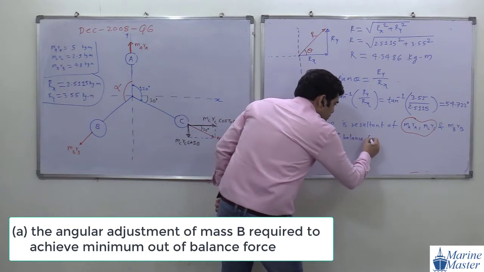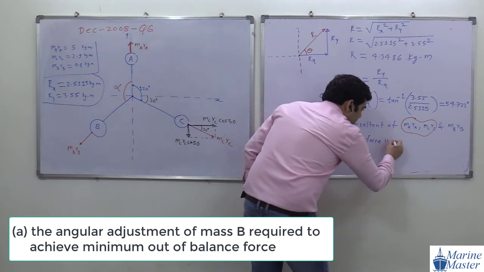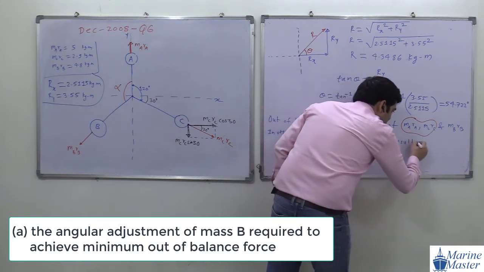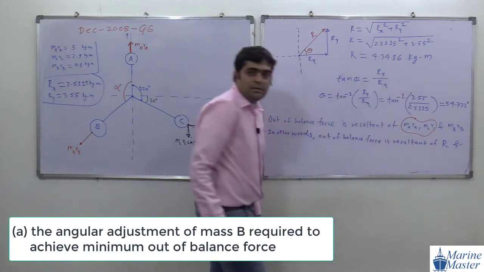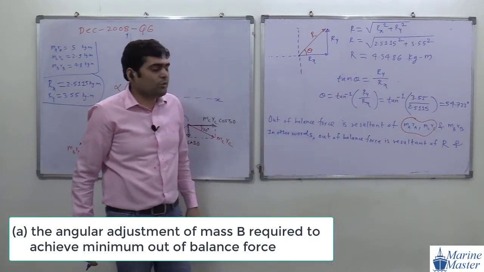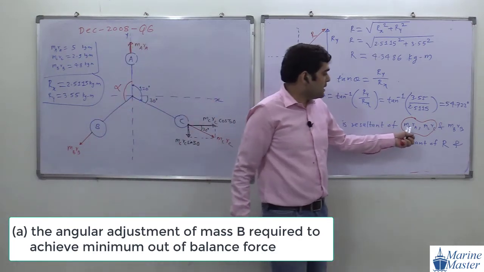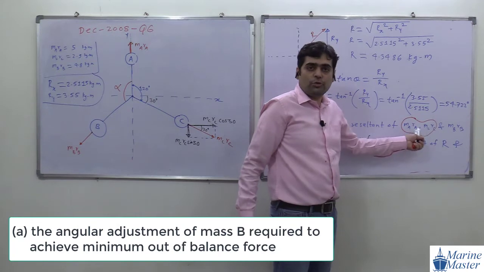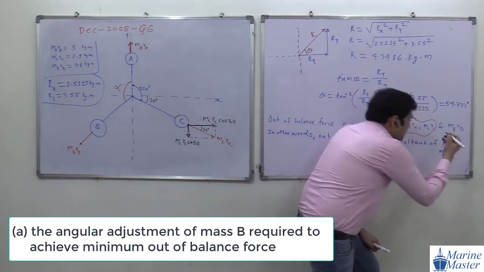Out of balance force is the resultant of what? Of R and MBRB. We replace these two forces by R, and the other is MBRB.